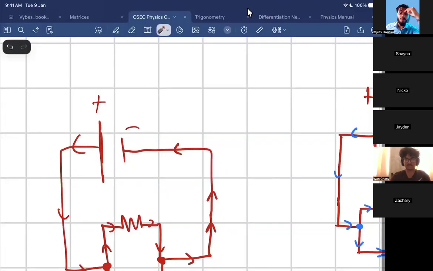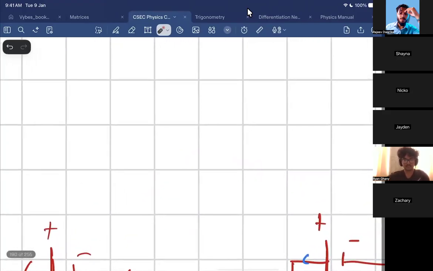I'll say it again. Do you know about potential energy? So the higher you are, the more the potential energy increases.